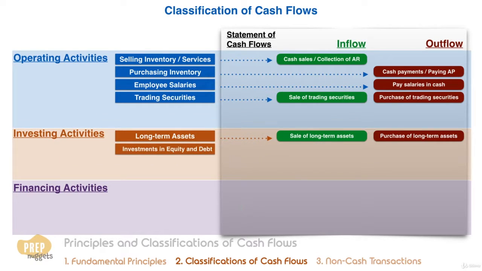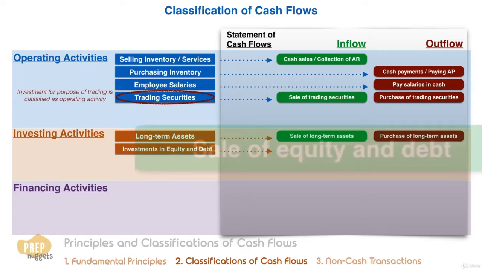Investments in the equity and debt issued by other companies are also considered investing activities. Note that investments in liquid securities like cash equivalents and securities held for trading purposes are not considered investing activities. Instead, they should be classified as operating activities.